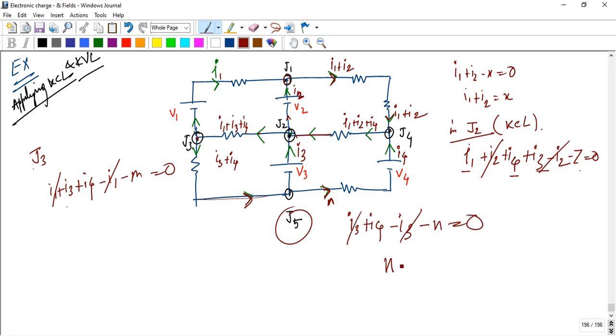So n equal to I4. So here's the n, put I4. And you see there is no junction point here. There is a series, a line. That is I4 and that is I4. So our assumption, our current KCL, the same applies here. It is I4 and I4, satisfied. Okay, applying KCL is satisfied.